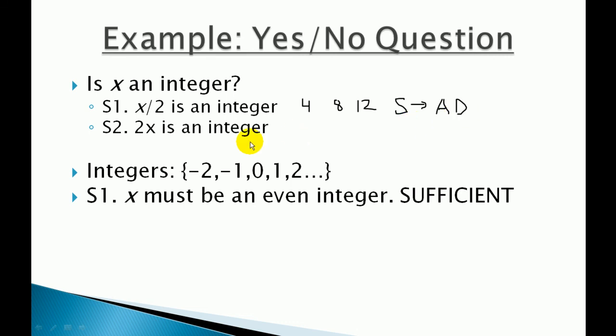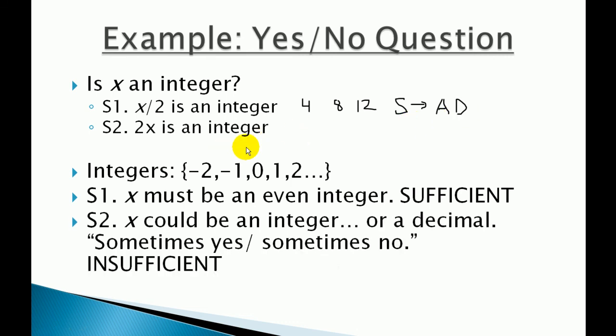Statement 2 tells us that 2x is an integer. Now, the problem with statement 2 is that x could either be an integer or it could be a decimal. You're able to plug in values like 2, in which case, sure, x is an integer, but you could also plug in a value like 2.5, because 2.5 multiplied by 2 will give you an integer result.